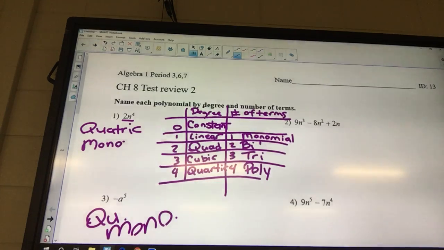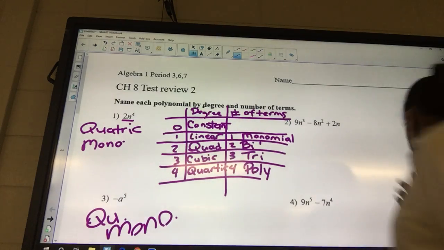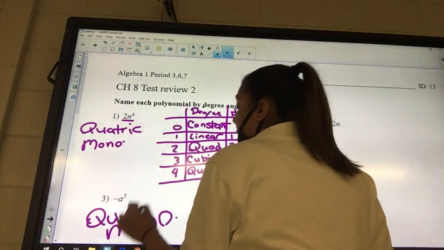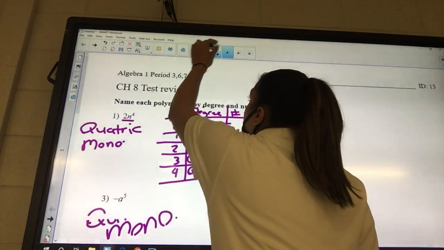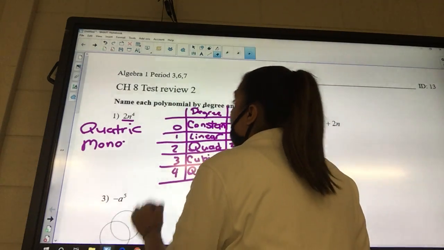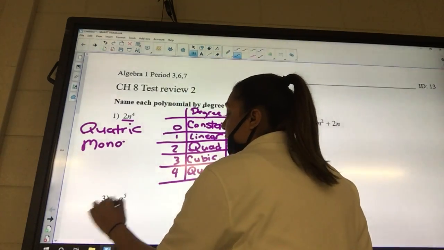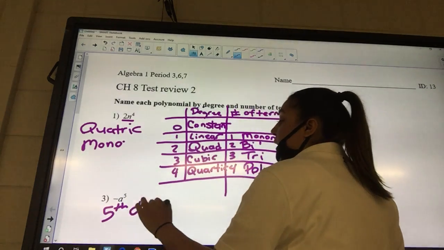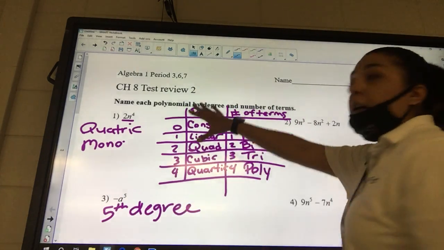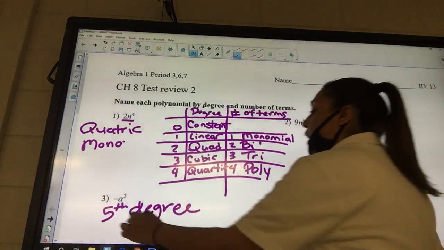So you'd write 5th degree monomial. It's a degree, right? It's not part of the table, but that's how you would write it.